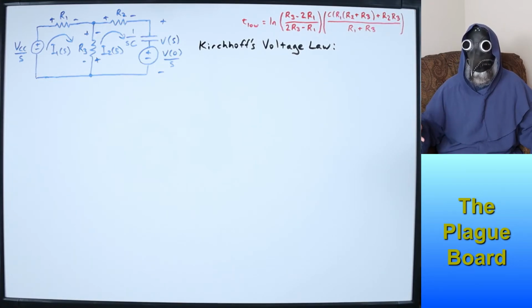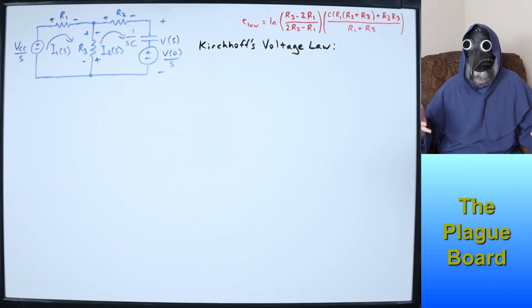Bear in mind that I use the passive sign convention when summing up voltages in a loop. This means that voltage drops across resistors are positive, and voltage sources are negative if current flows into the negative terminal. Many people use the active sign convention, where a voltage drop is negative and a voltage rise is positive. With the passive sign convention, you just use the sign that the current flows into.